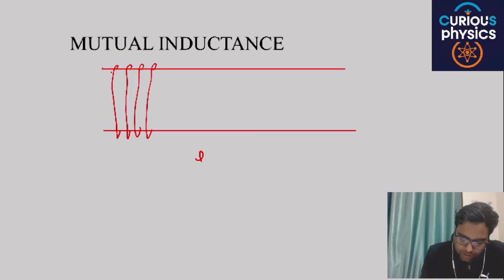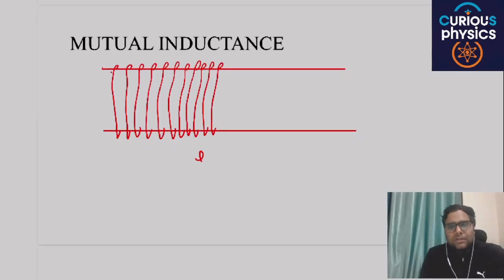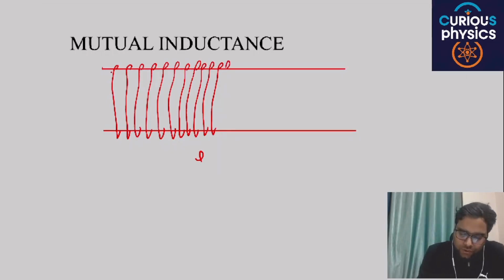Why have we taken a solenoid? Because we know all the results of a solenoid, such as the value of the magnetic field, and also the magnetic field produced by a solenoid is constant. That's why we choose a solenoid.